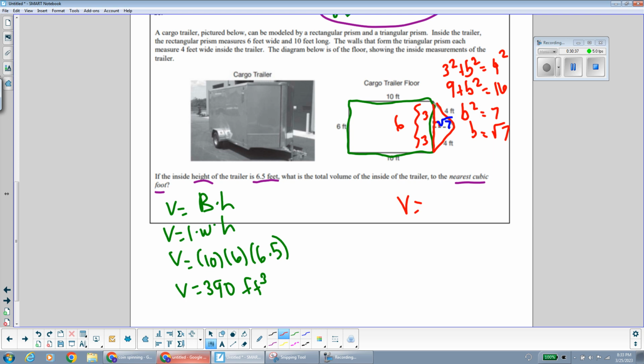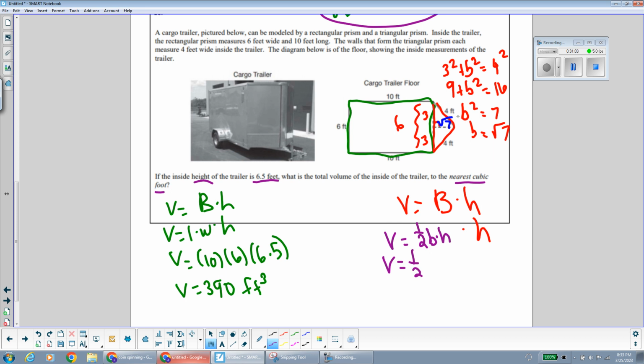Once again, the volume of any 3D solid can be found by taking the area of the base and multiplying by the height of the whole thing, the height of the whole trailer in this case. So since the base is a triangle, area of a triangle is 1/2 base times height. And then we still need to multiply by the height of the entire trailer. So let's plug in.